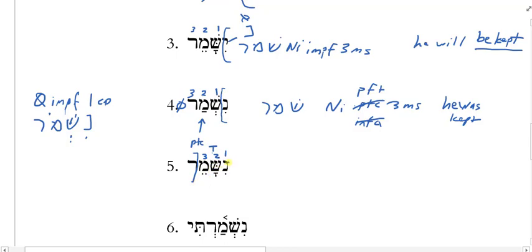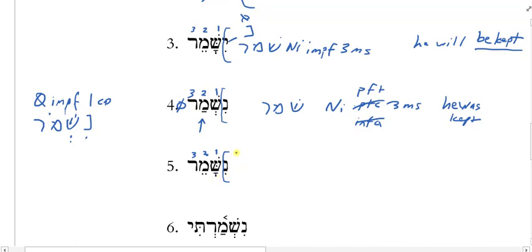We don't have any personal endings. Are there any pronominal suffixes that just are a resh? No. Okay, so we wouldn't want to go there, would we? We would rather say, look, let's assume shamar is your verb root, and then a noon prefix sure makes a whole lot of sense for a verbal form, doesn't it? Okay, good.